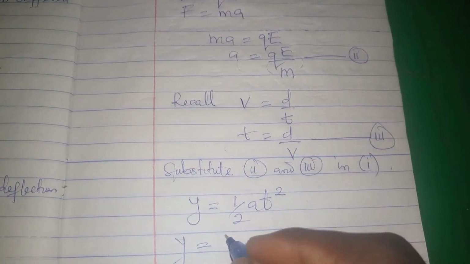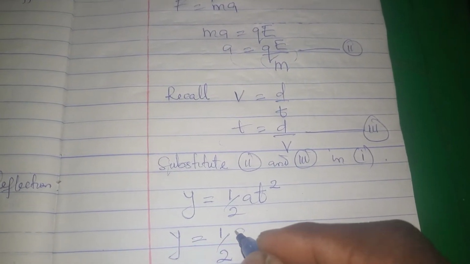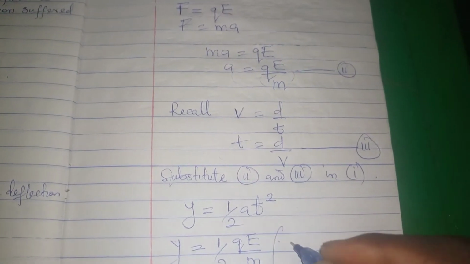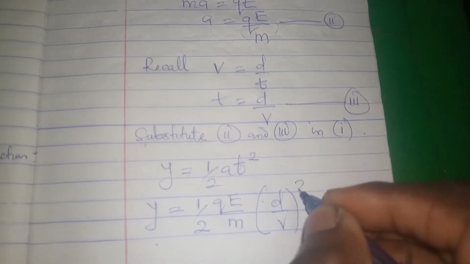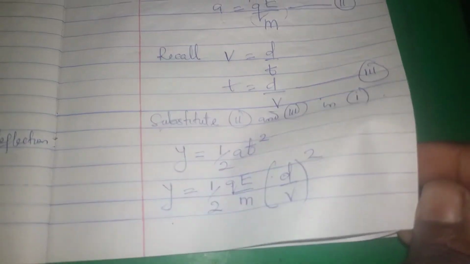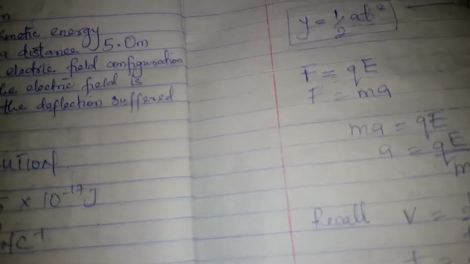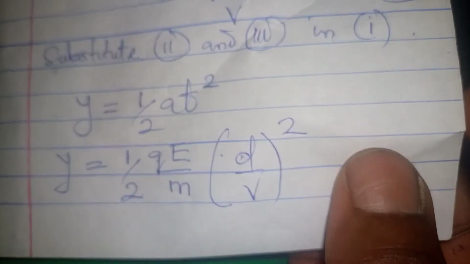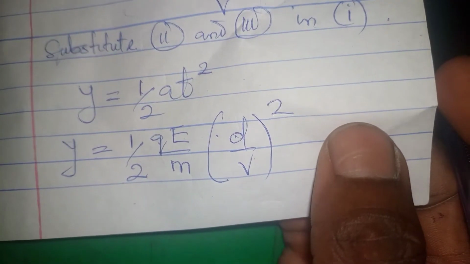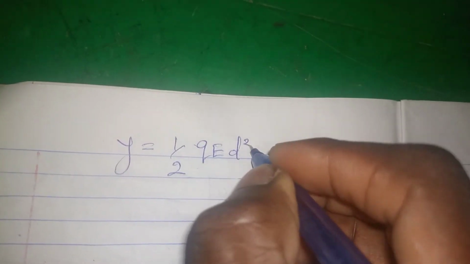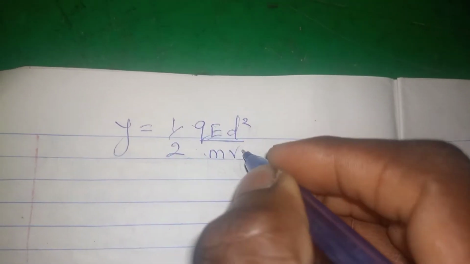We have y equal to half, A is QE over M, T is D over V. We now square it. So at the end of the day, we'll arrive at this formula. Y as half QED square over MV square.